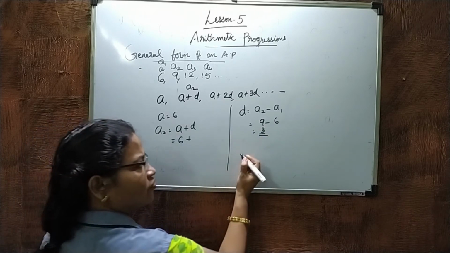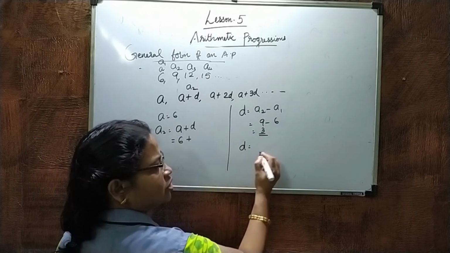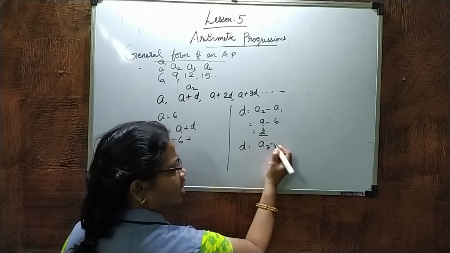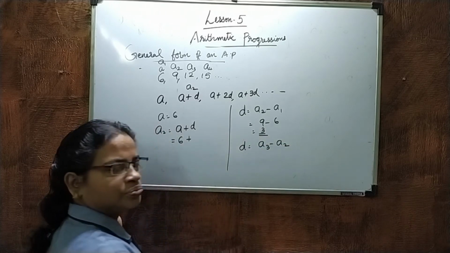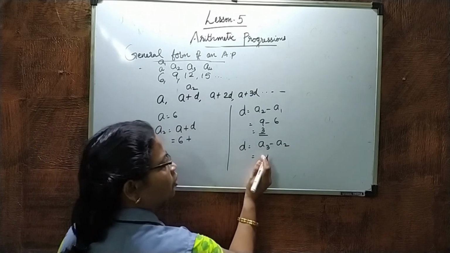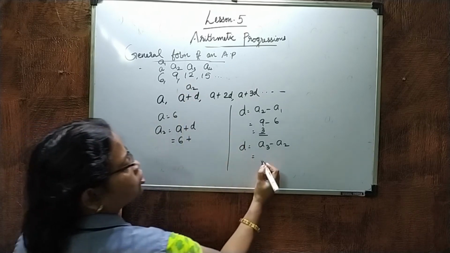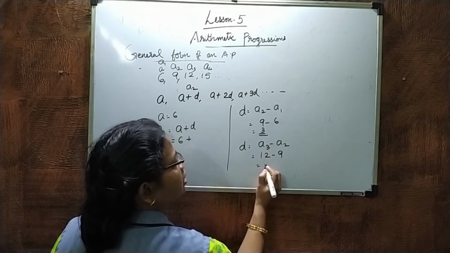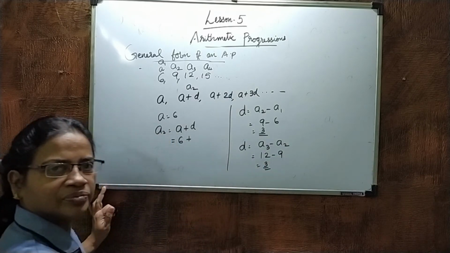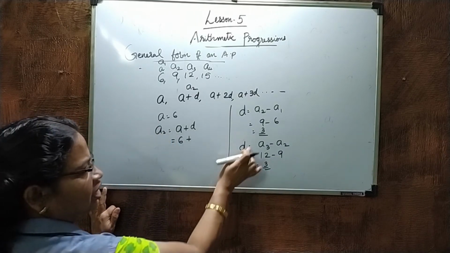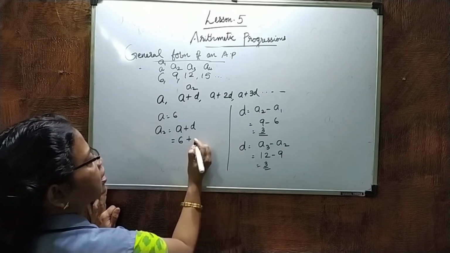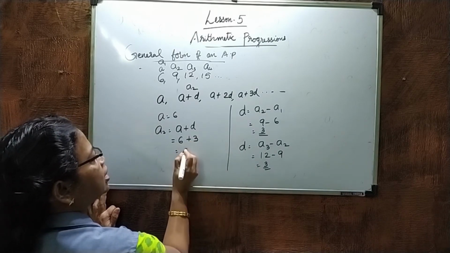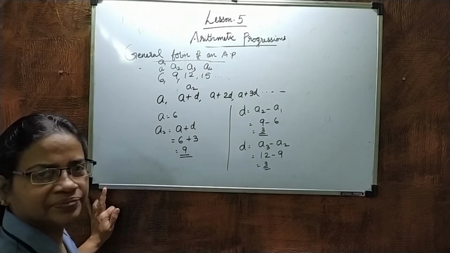Again, if you have to confirm, what you can do? Next one you can do A3 minus A2. A3 means third term. 12 minus A2 is 9. What will you get the answer? 3. Clear? So here D is equal to 3. So what is the next term then? 6 plus 3. You will get the answer 9.